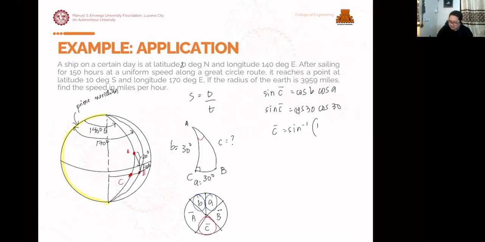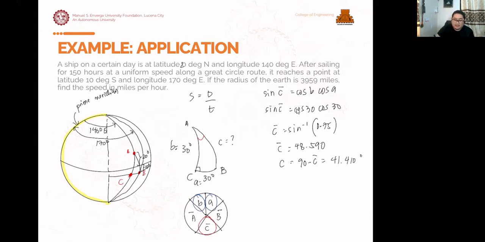That is 0.75. Then, inverse sine of that one is 48.59. Pero ito ay bar C. Ang kailangan natin ay small c. So 90 minus yung bar C. 90 minus that is equals to 41.410 degrees.